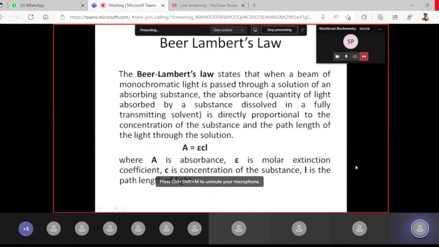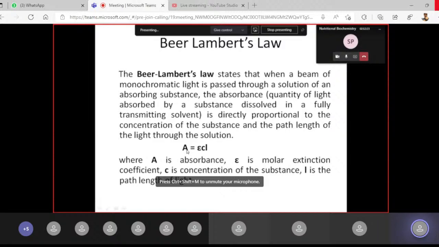So Beer-Lambert's law states that absorbance is directly proportional to concentration and the path length of light. When concentration is more, absorbance will be more. When concentration is less, absorbance will be less.